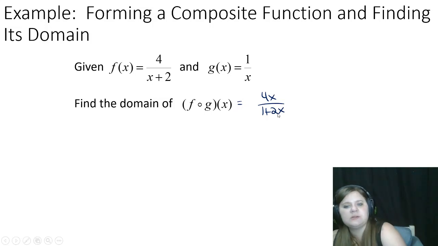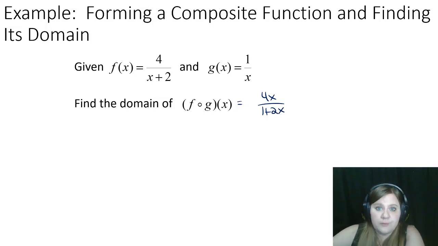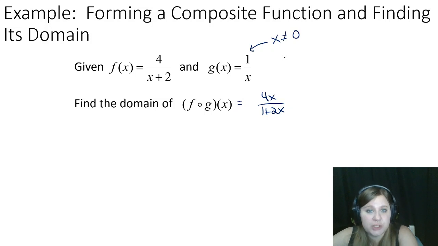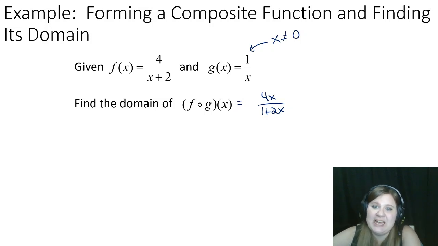First of all, note that we said x's can't be anything that caused problems in g in the first place. So x cannot be 0 based off of our g. We also need to find all x values that cause a problem when you plug a g into f.